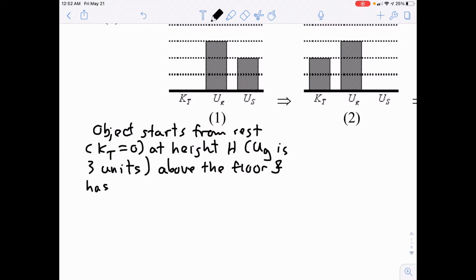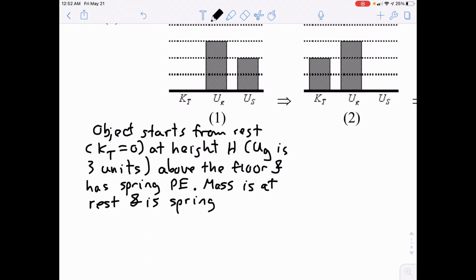And has spring potential energy. Mass is at rest and is spring loaded on a table, height h above the floor.